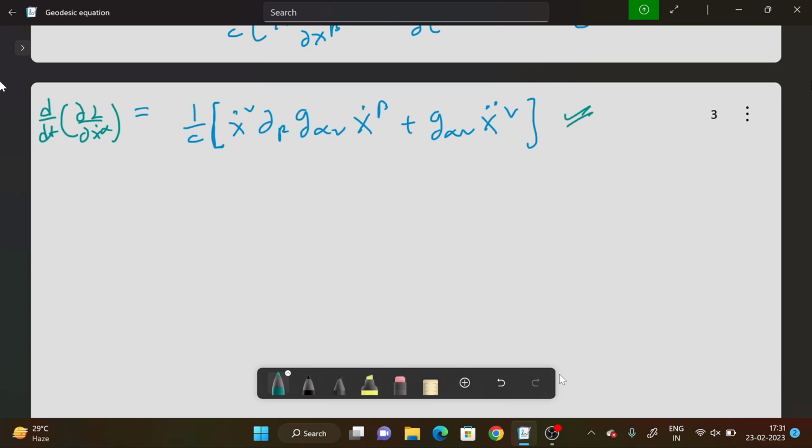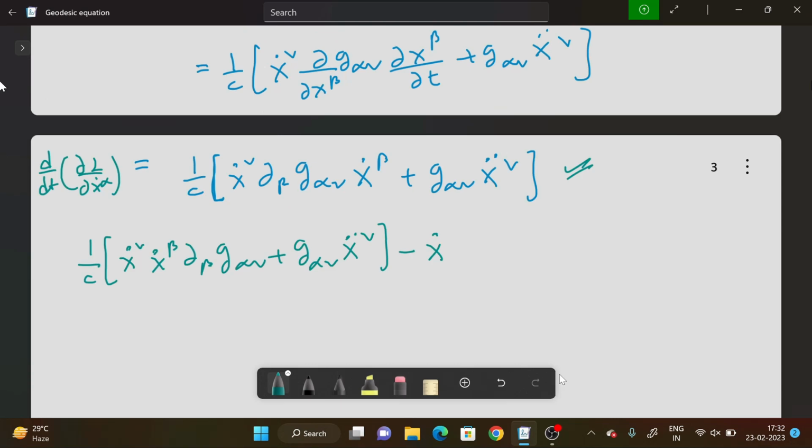Now let us put our findings into the Euler-Lagrange equation. So the Euler-Lagrange equation would now become 1 upon c x dot nu x dot beta d beta g alpha nu plus g alpha nu x double dot nu, and the other equation was x dot nu times x dot nu and d alpha g mu nu upon 2c.